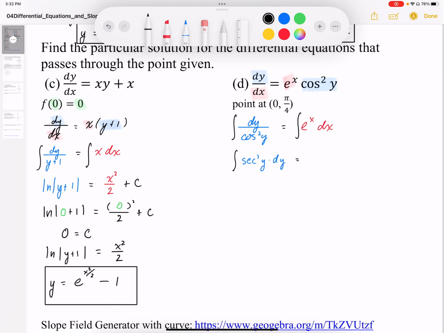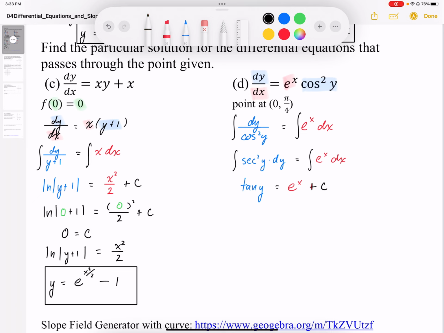If we look at our formulas, that is going to be tan. So on the left-hand side, secant squared y dy integrates to tan y, and on the right-hand side, that just becomes e to the x. And don't forget the plus c.